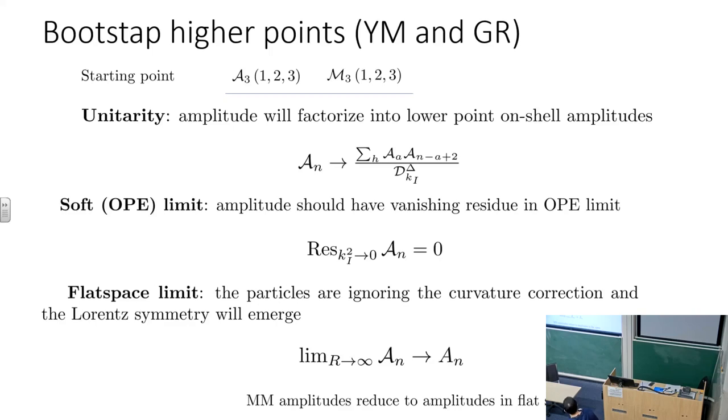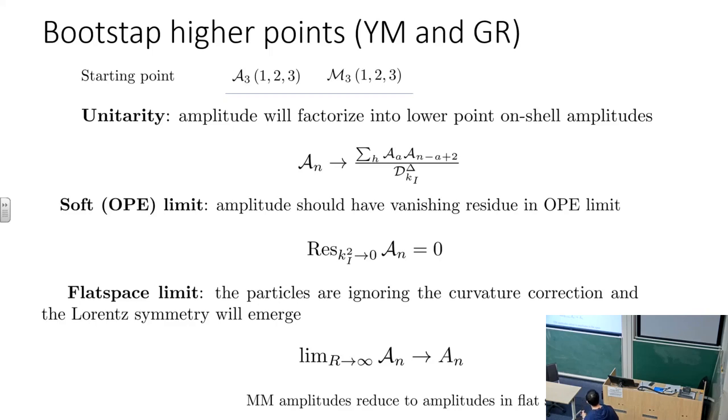The first constraint is unitarity. It's just saying that on the pole of this 1 over curly D, which is the Klein-Gordon operator for anti-de Sitter space, the amplitude should factorize into lower-point Mellin momentum amplitudes that we derived earlier. The second condition is the vanishing OPE limit: in the operator product expansion limit, when two sets of operators are far separated, the residue of the amplitude must be 0.